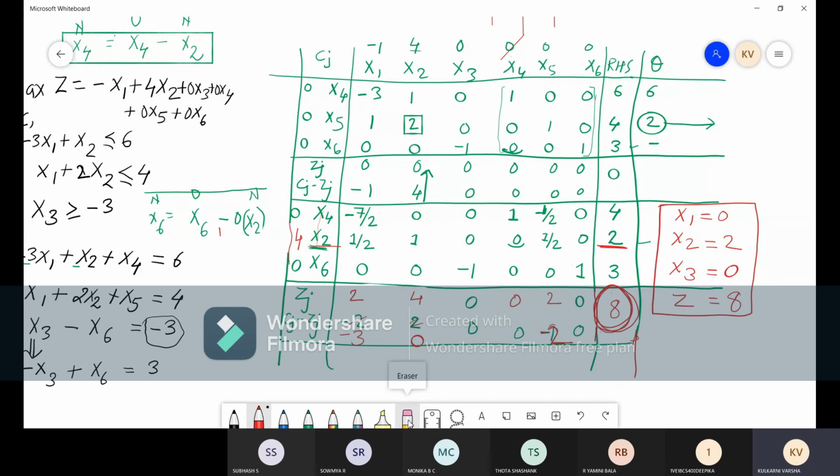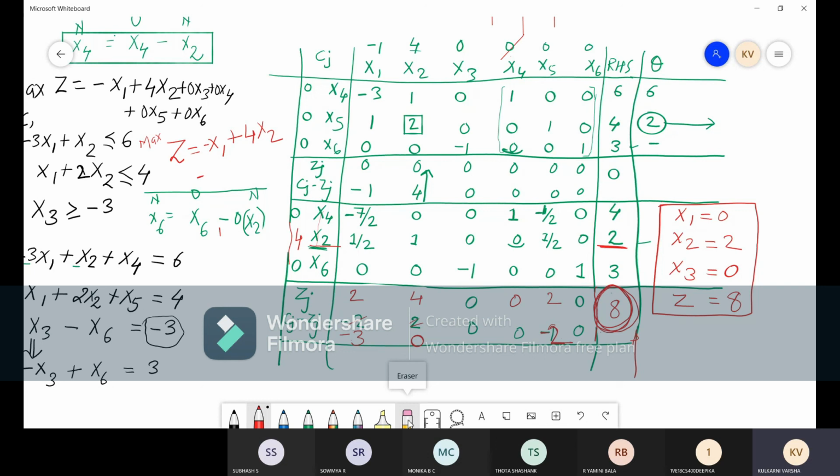Now you can see x1 and x3 are 0, and x2 is equal to 2. So your z is what? Initially they have given max z is equal to minus x1 plus 4x2, right? This is the maximized z they have given.